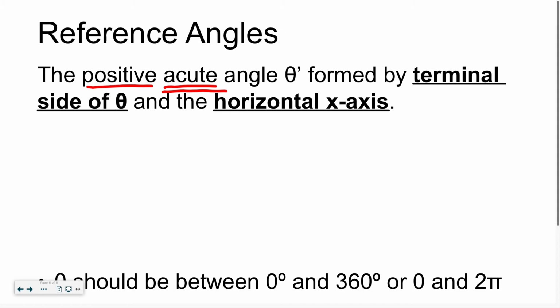This is the angle that's formed by the terminal side of your angle and the horizontal x-axis. So when you think about it, the reference angles are basically the angles on the bow ties. If you look at the back wall, all of those triangles that I have set up, where the triangle is in quadrant 2, that is its reference angle right there near the origin. It's positive and it's acute.